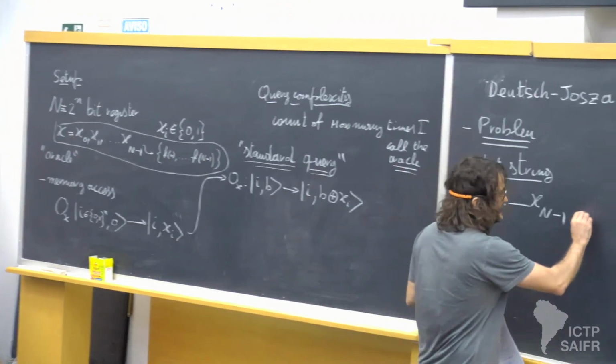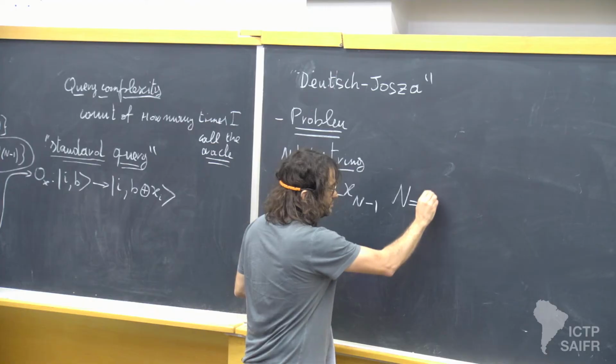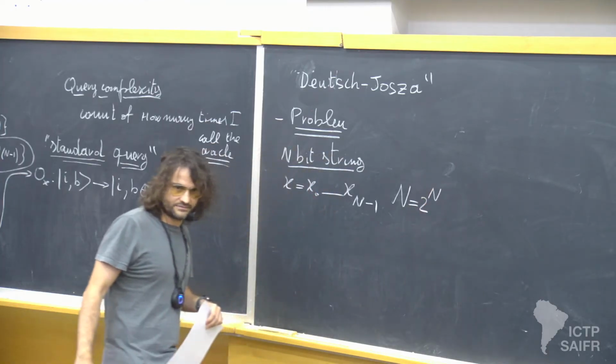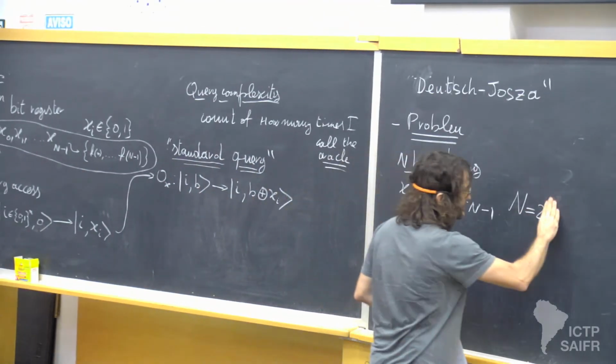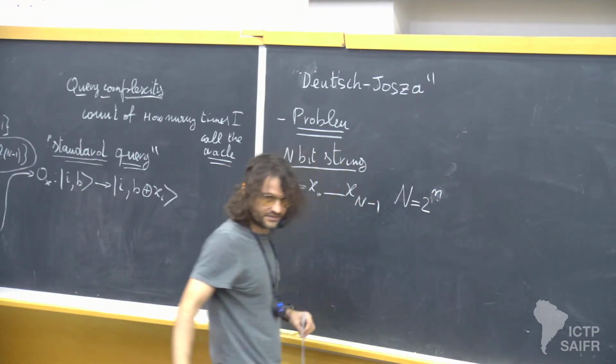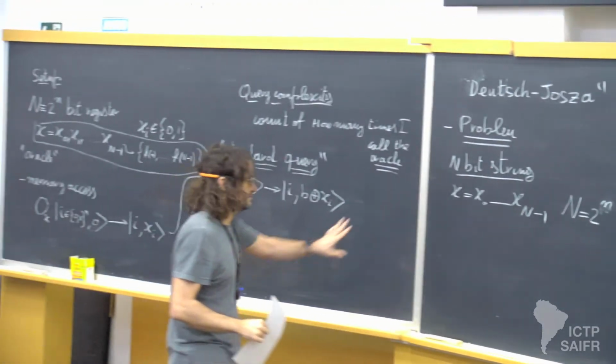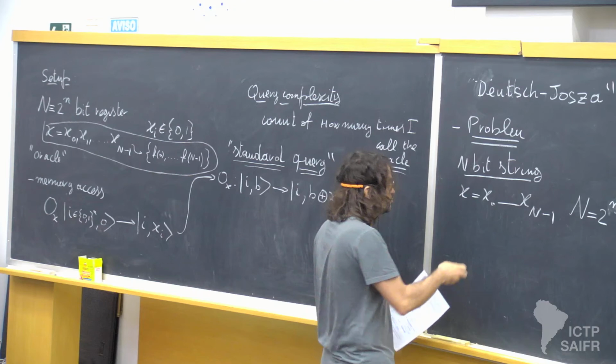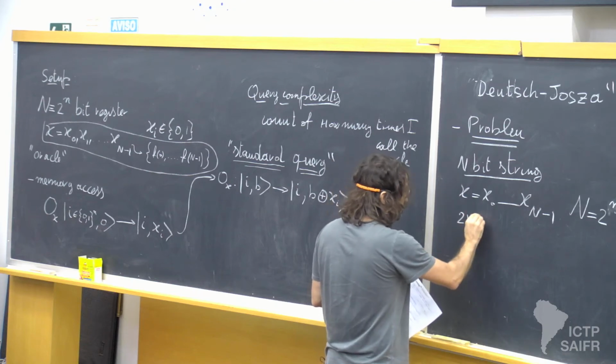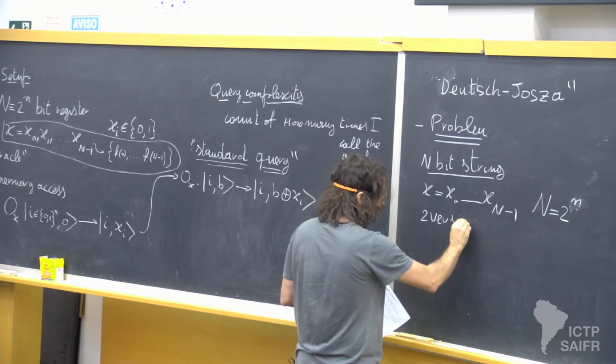And we know that this can arrive in two versions. So we don't know which of the two, but we know that there are two possibilities.